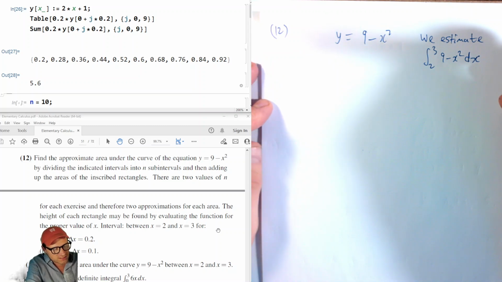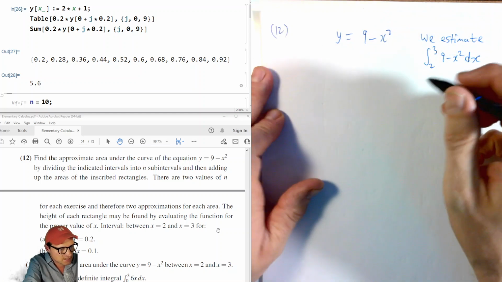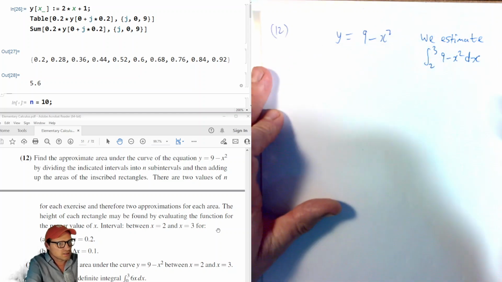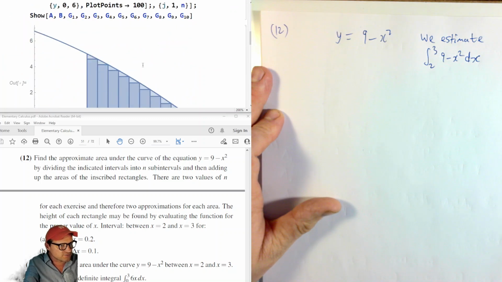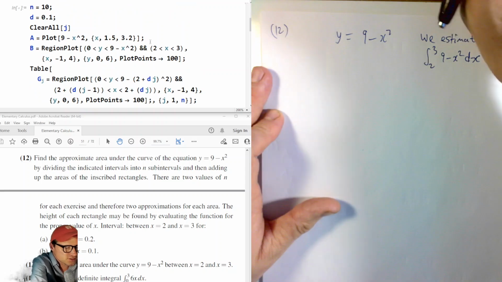Okay, so now what we need to do is evaluate the function, but let's get a nice picture of this first, which I have already done for us here, I think. Let's see, I'll run this just to make sure.